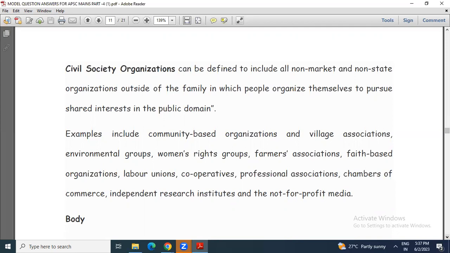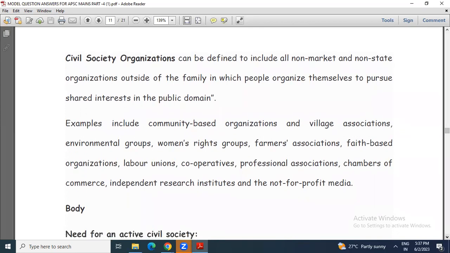So there is a public domain, you and me outside our family, some kind of non-state and non-market body, and we organize our interests through the shared domain.